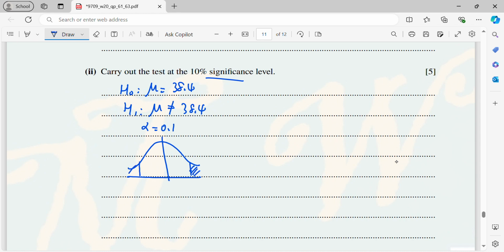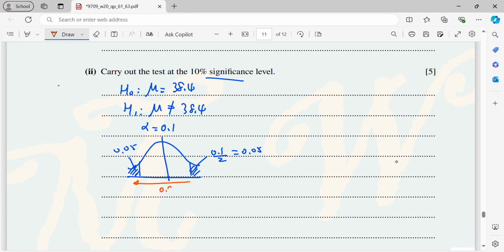So the total regions of left and right side will be 0.1. Each side is 0.1 divided by 2, that is 0.05. And then for the normal table, you are given the regions towards the left side.